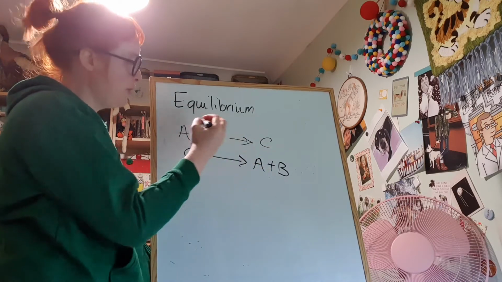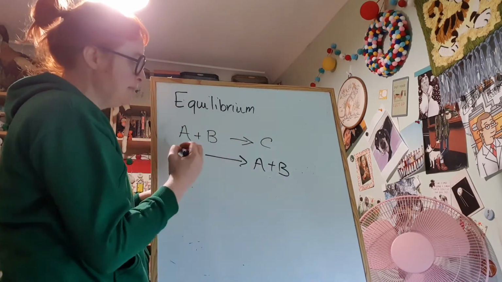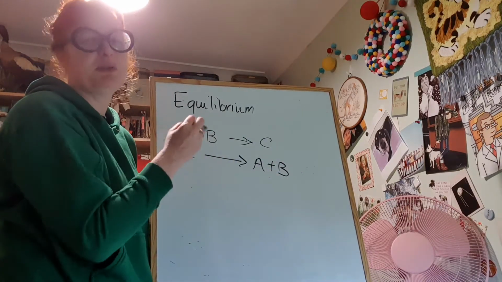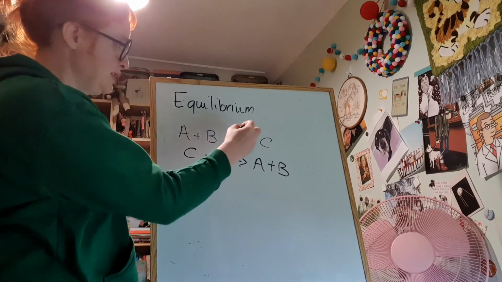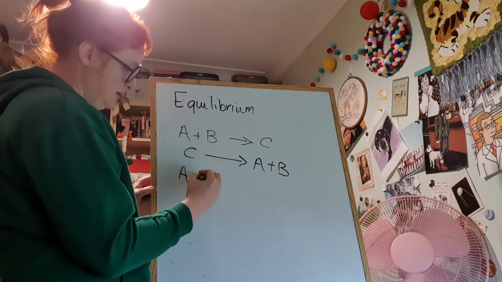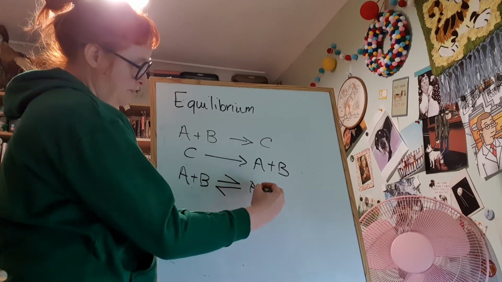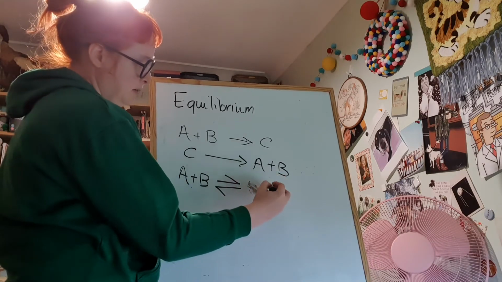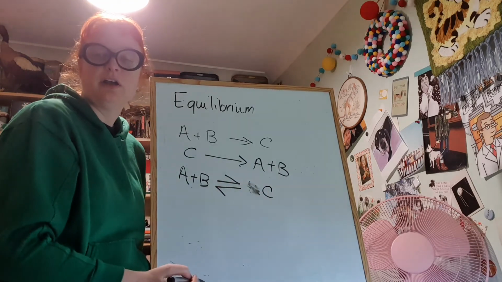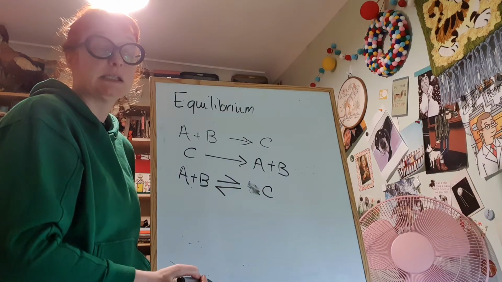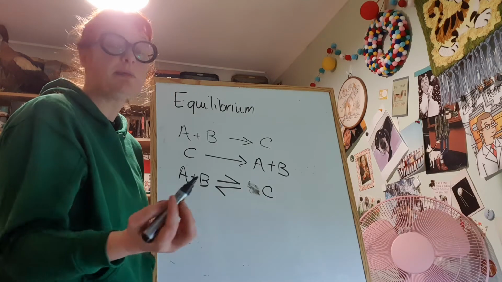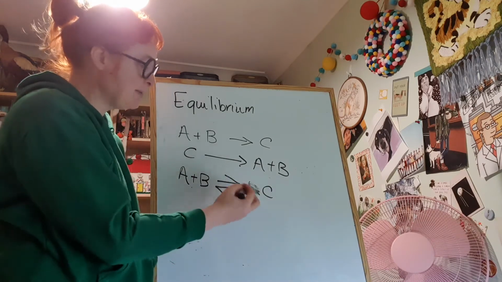We can go from A and B to make C, but C can also make A and B. This would be annoying to write out all the time, so we combine these with our double-headed arrow.